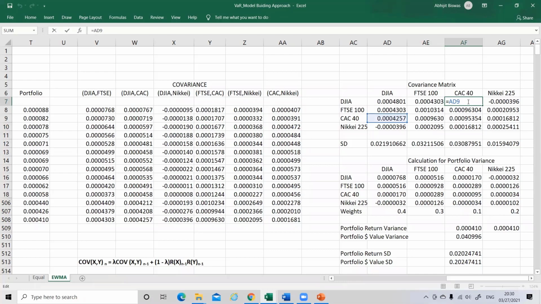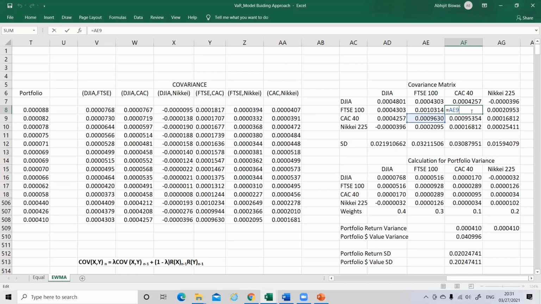So now come to AF7. Covariance between CSE and Dow Jones. We have already calculated that. So it is basically equal to AD9. So already calculated.